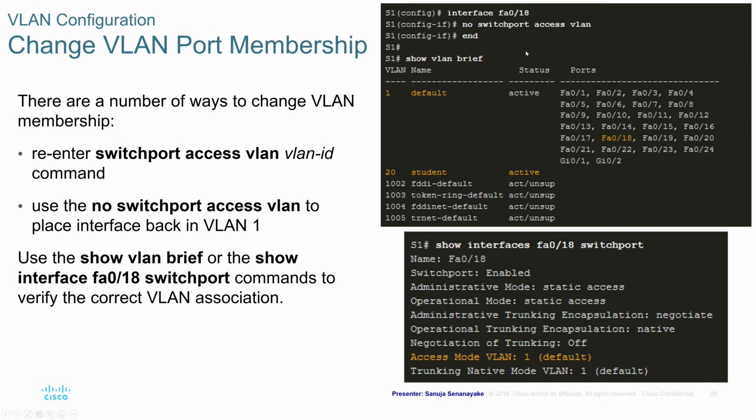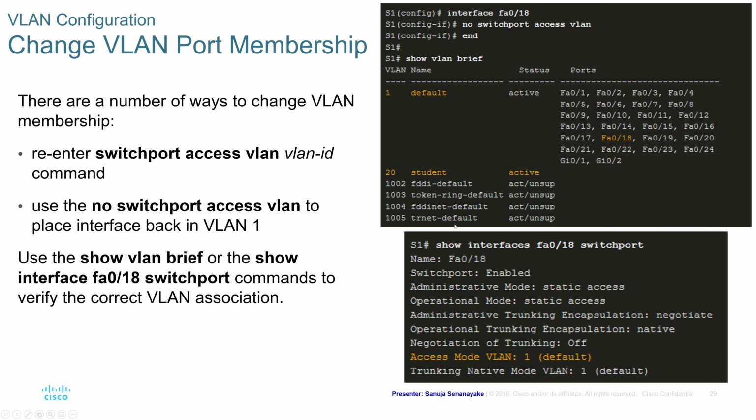On the right-hand side, you can see the interface FA0/18 with no switchport access vlan. With that, when you go show vlan brief, you can see the result. What happened to this FA0/18 interface is that it is now set back to the default VLAN, which is VLAN 1, because we have entered the command no switchport access vlan.